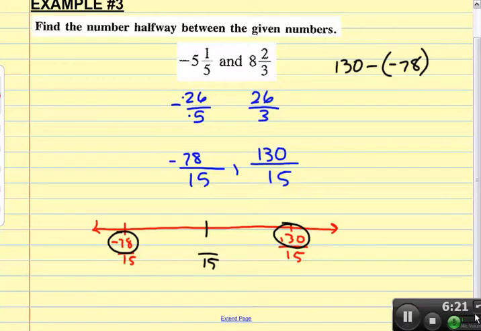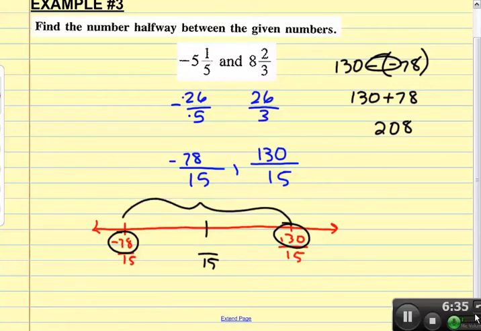That turns into a positive, and the distance between these two is 208. The distance from here to here is 208 fifteenths. Now half of the distance is only 104 fifteenths. So this distance is 104 fifteenths.